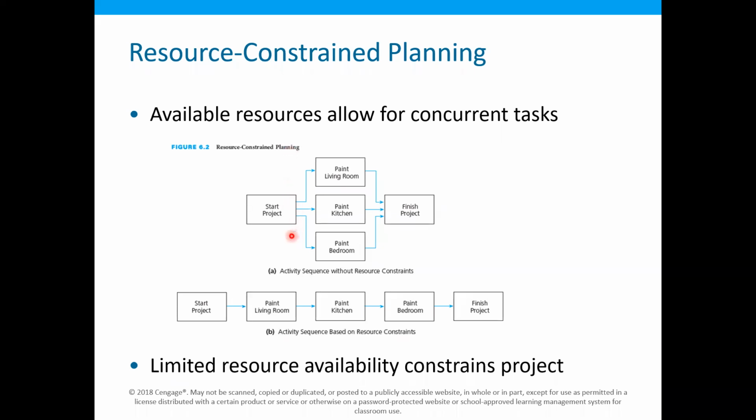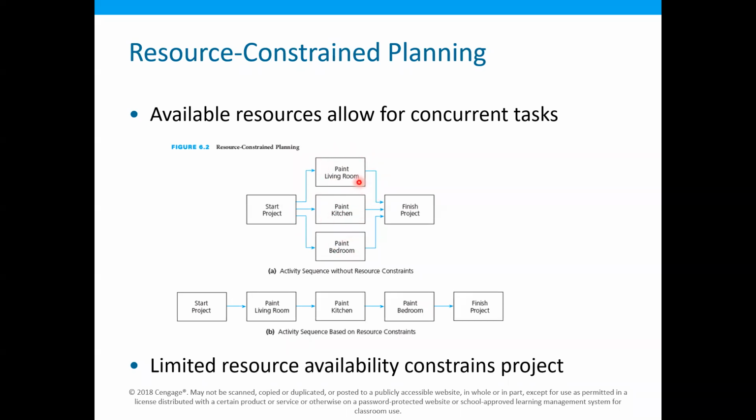As an example, say we have different painting jobs in the project: painting in the living room, painting in the kitchen, painting in the bedroom, etc. Any of these can be performed first, or all three can be performed simultaneously.